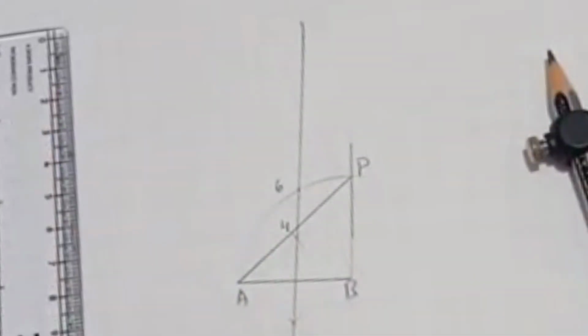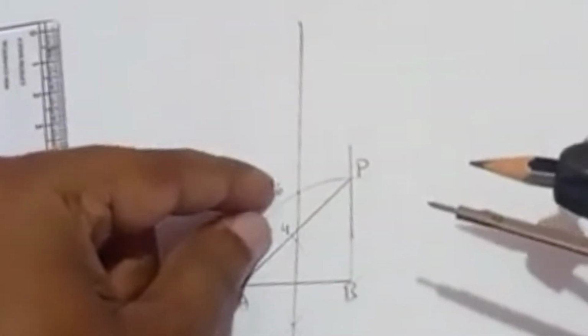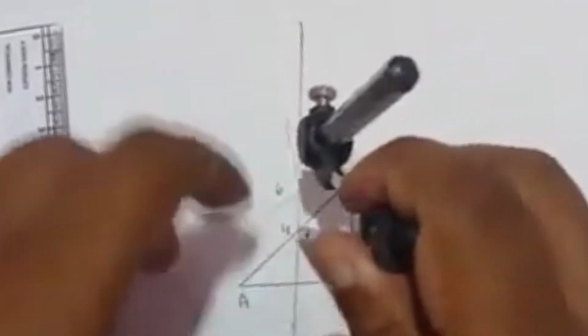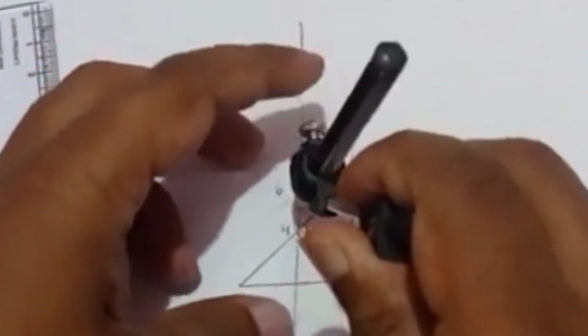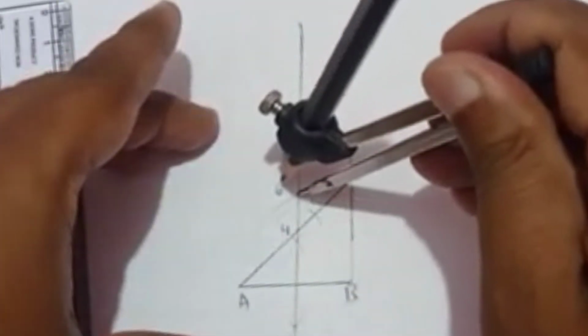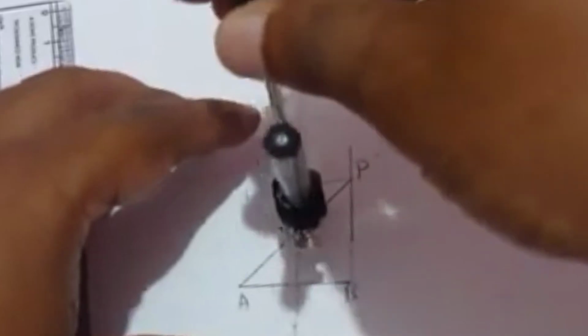To find point number 5, we need to bisect the length from 4 to 6. How to bisect that? Take more than half of the radius and draw arcs here. Keeping at the point 4, draw one arc and cut the same arc keeping at the point 6.